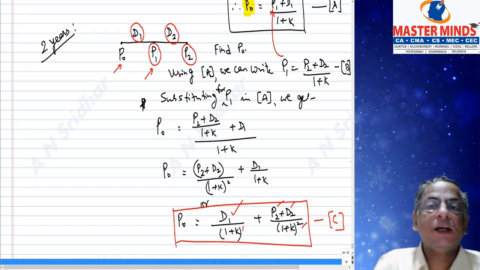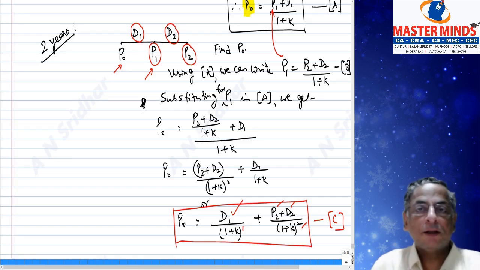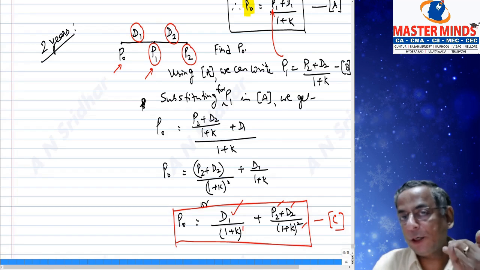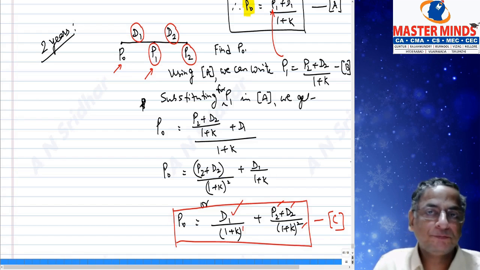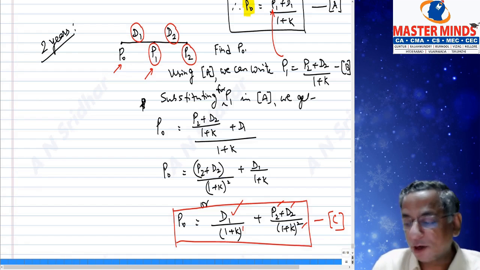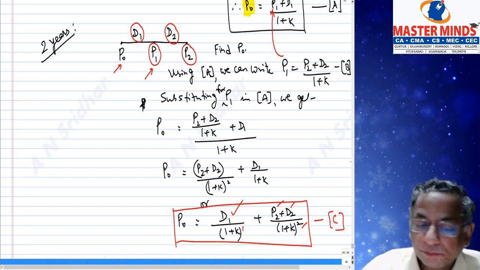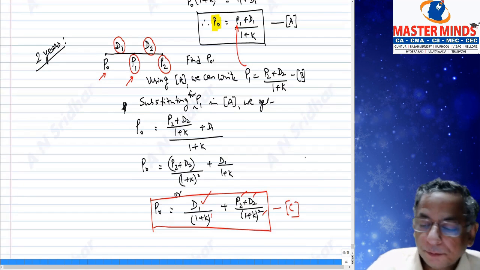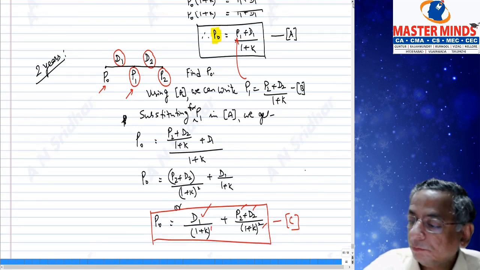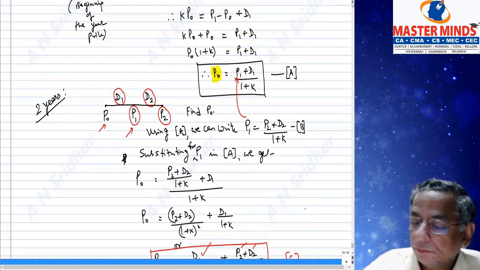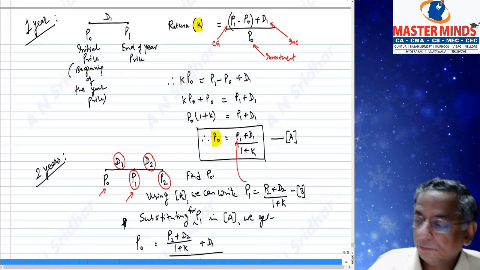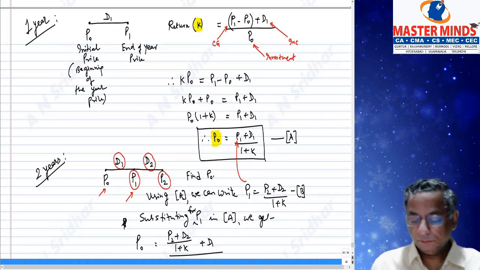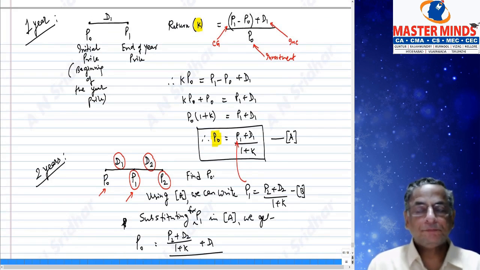So the price of a share today is D1 discounted once, because we get it at the end of 1 year, and I am going to get P2 and D2 at the end of 2 years, therefore I am discounting twice. Okay, so we have got this. So what you can do, you can copy this now. Just copy this.